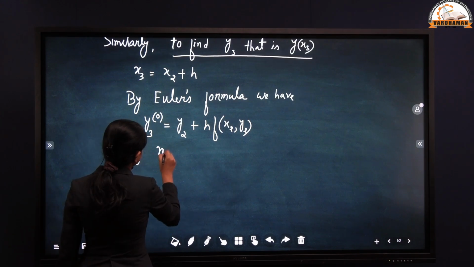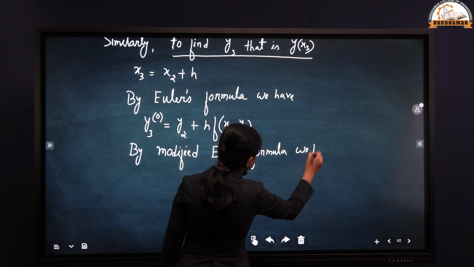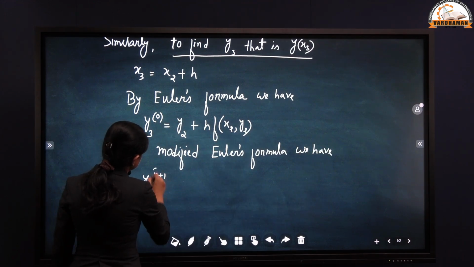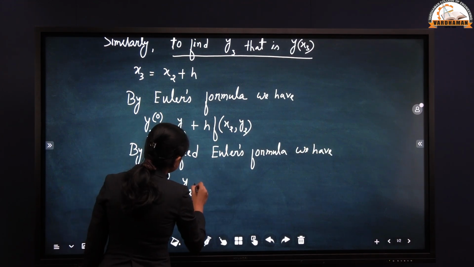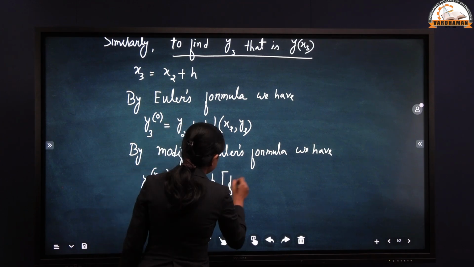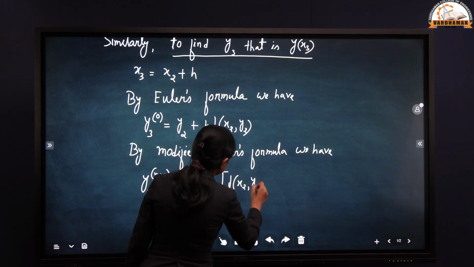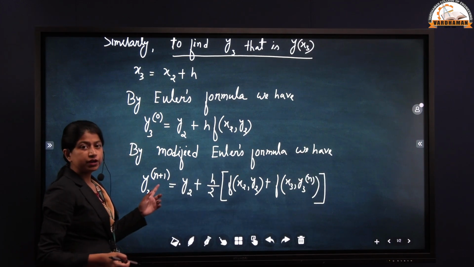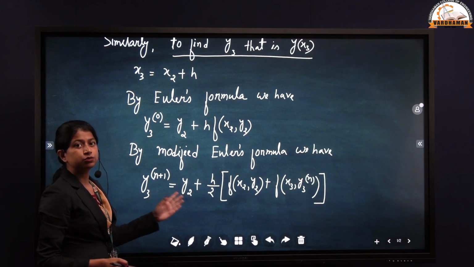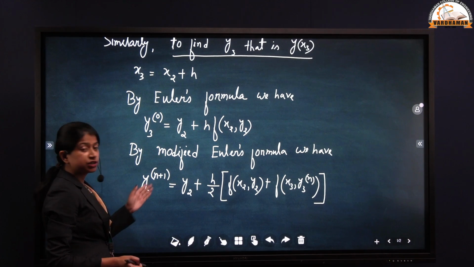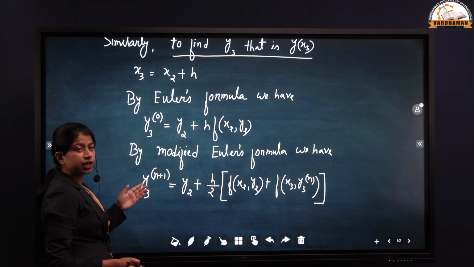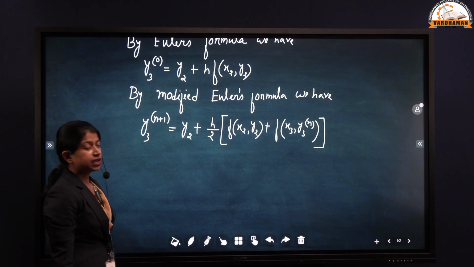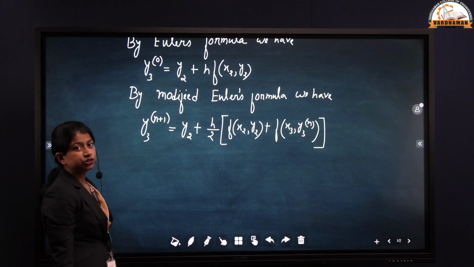By modified Euler's formula, we have y3 n plus 1 equal to y2 plus h by 2 f of x2 comma y2 plus f of x3 comma y3 n. If we put different values of n 0, 1, 2 and so on, we will get y3 1, y3 2, y3 3 and so on. So let us see how we can represent this in general.